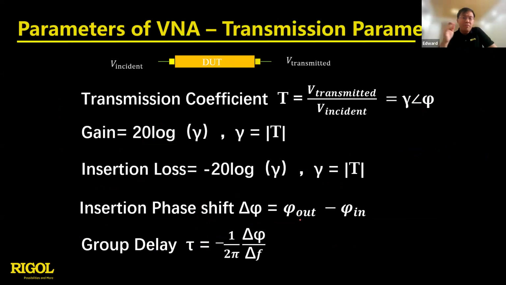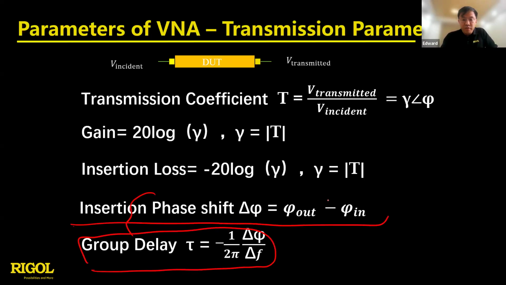So this is a formula. I will not introduce more detail, because you know that we can get all the coefficients, and taking minus 20 log, we can get the transmission coefficient or the reflection coefficient. So we can construct the S parameters by using this formula. Okay, so we also can use the formulas to get the group delay information and the phase shift information like this one.